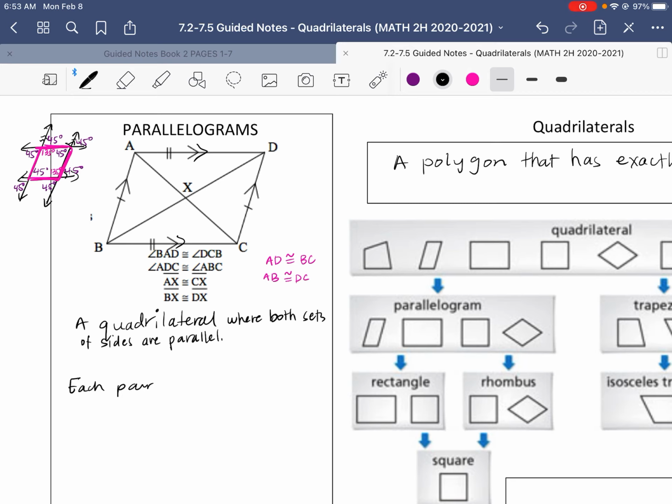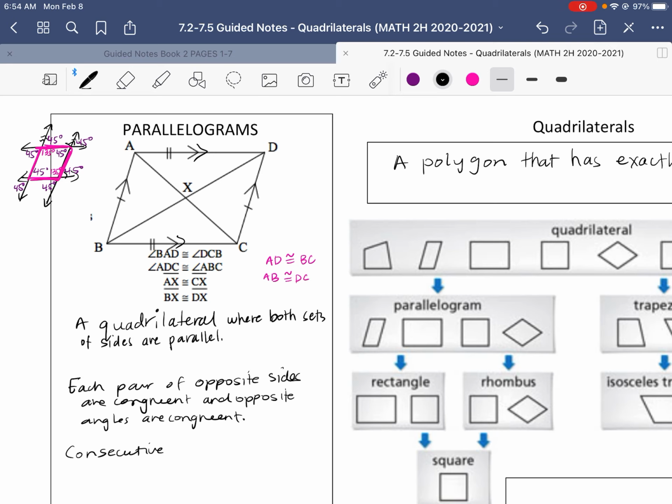Maybe I'll write it out really quick. Opposite sides are congruent, and opposite angles are congruent. And then again, we would call them consecutive angles or adjacent.